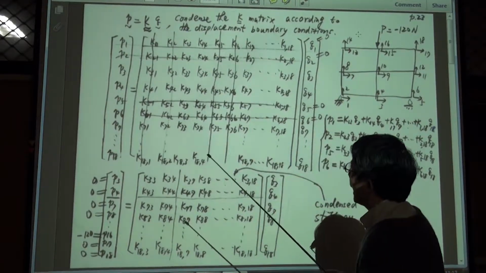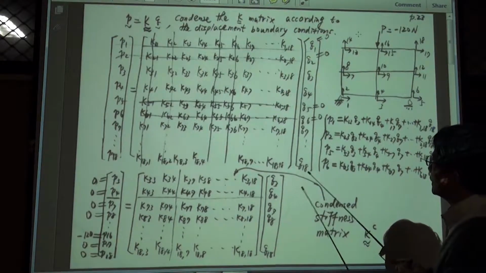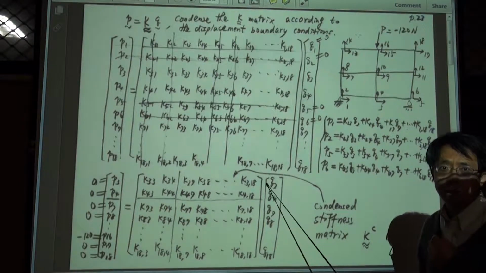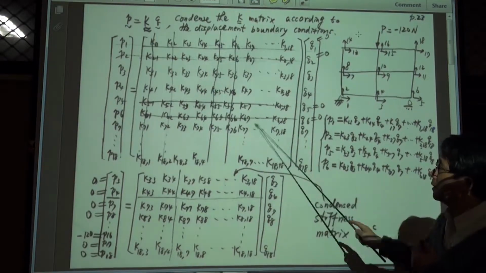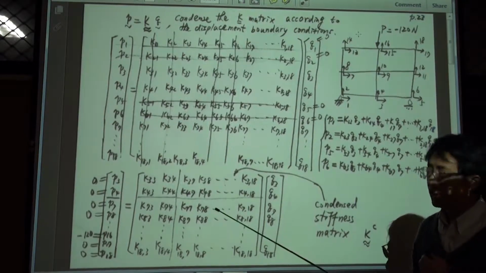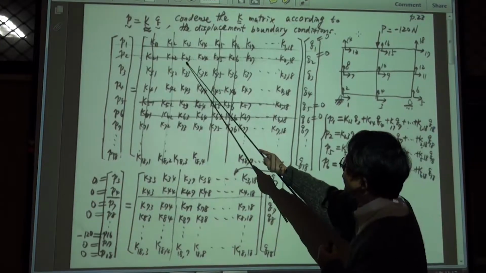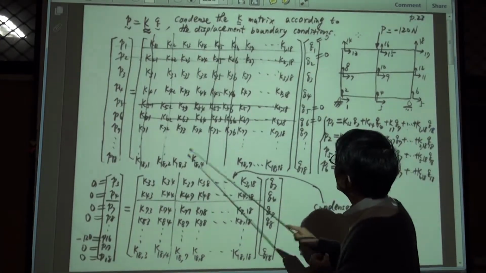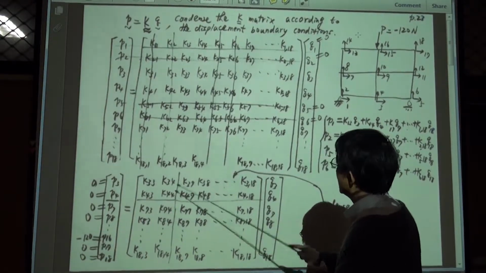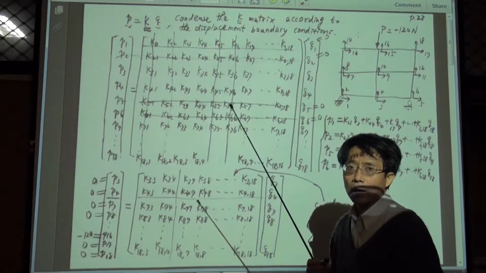After such elimination, this big matrix becomes 14 by 14. Originally it is 18 by 18, but now it becomes a smaller 14 by 14 matrix. We put this part to here, and this part to here, to form a smaller matrix.